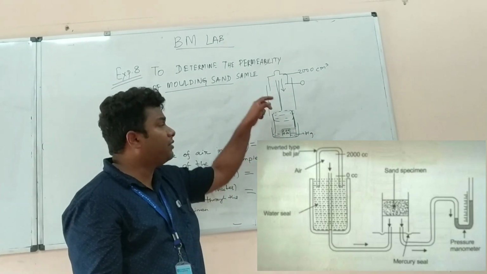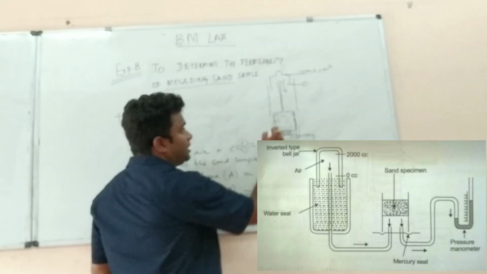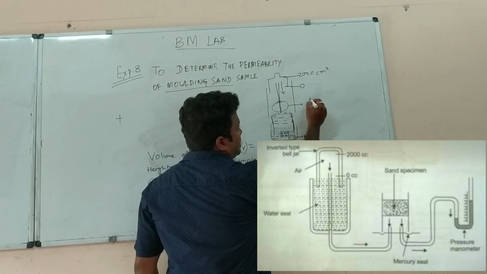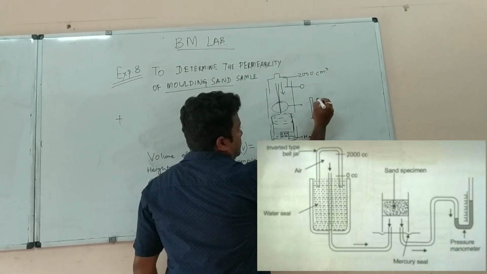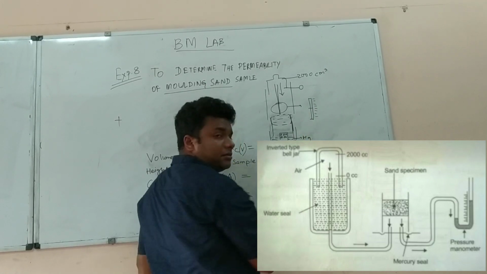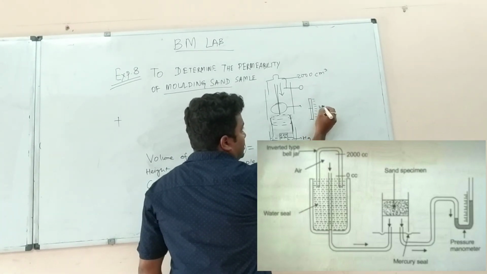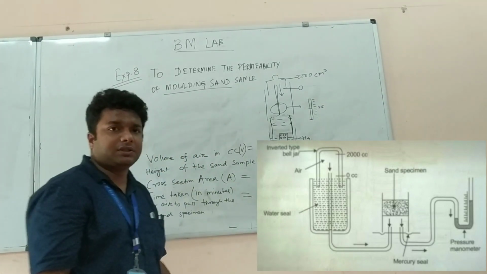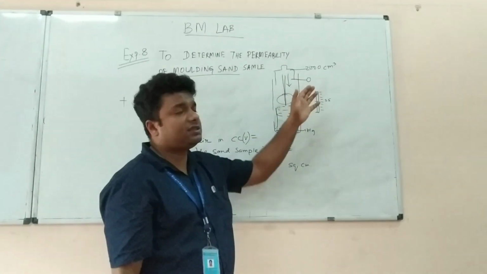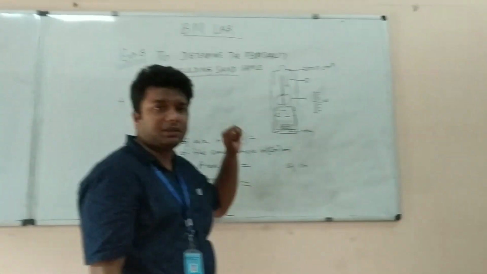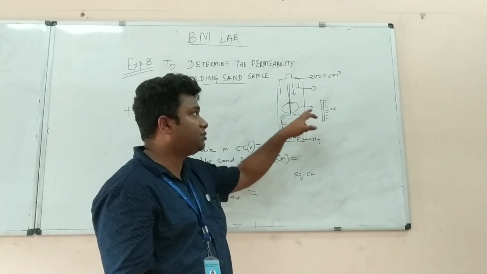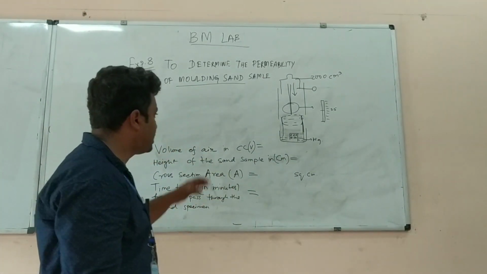After this experiment, we have seen that here we have a pressure gauge with some markings, and the air pressure was around 3.5. After passing 2000 cm cube of air through the machine, the vents and the sample, we have checked the permeability, and the value is calculated like this.